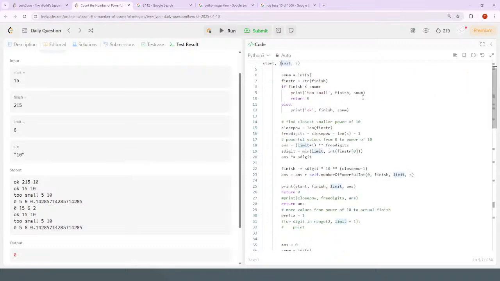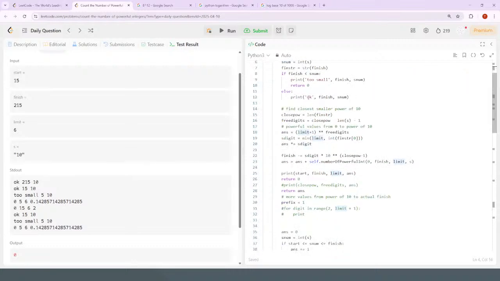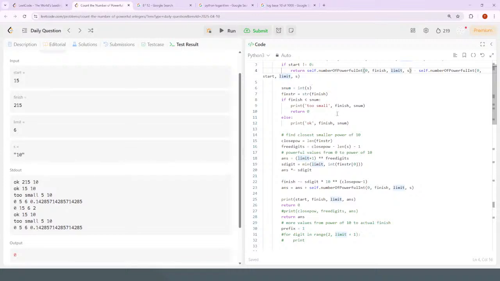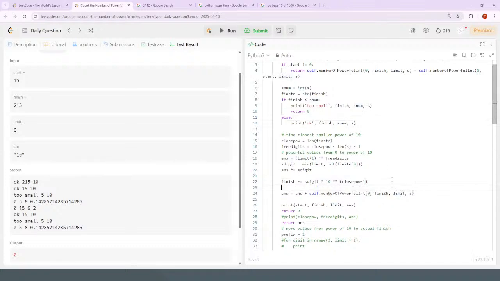S is a string. Alright, so I'm gonna print out S before recurse.